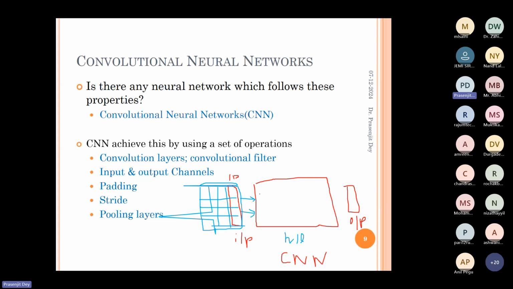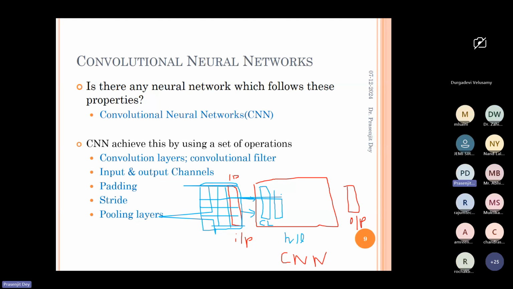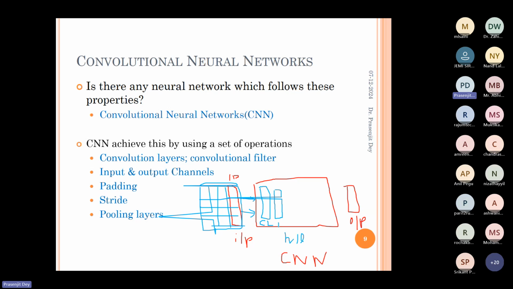Now here in CNN, there are a lot of different types of hidden layer. It is not like a multi-layer perceptron or any other feed-forward neural network where majorly all the hidden layers have the same characteristic. Here we have a type of hidden layer which we call the convolution layer. After convolution layer, there may be a pooling layer. And these two layers can be repeated multiple times.